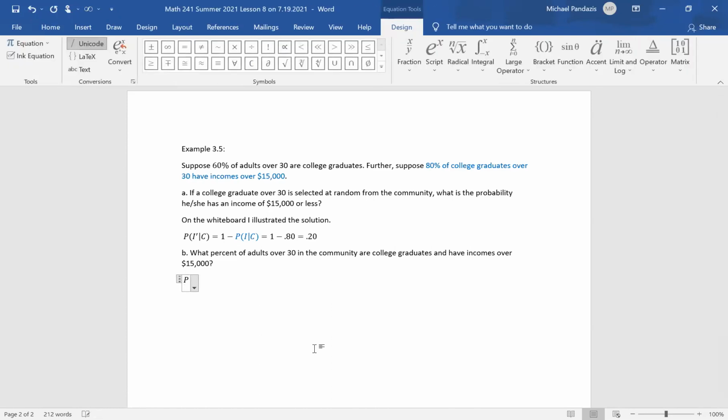So what percent of adults over 30 in the community are college graduates and have incomes over 15,000.